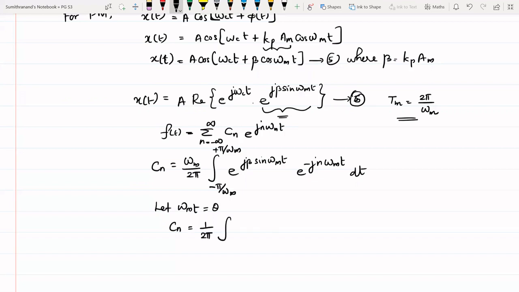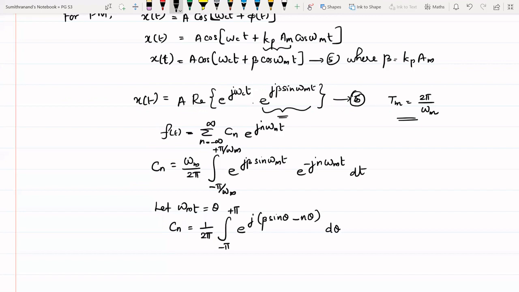The limit is changed to minus pi to pi because the integrating variable here is theta, the dummy variable. So e raised to j into beta sine theta minus n theta into d theta. That omega m into dt is replaced by d theta.